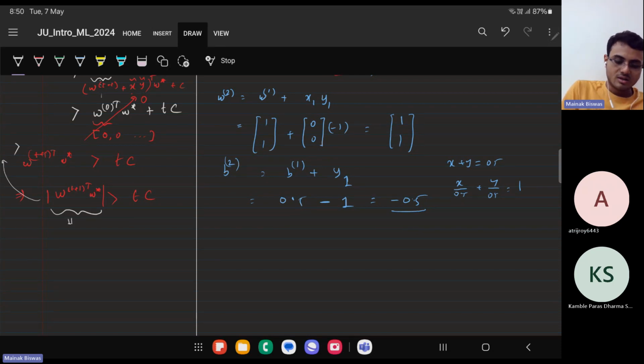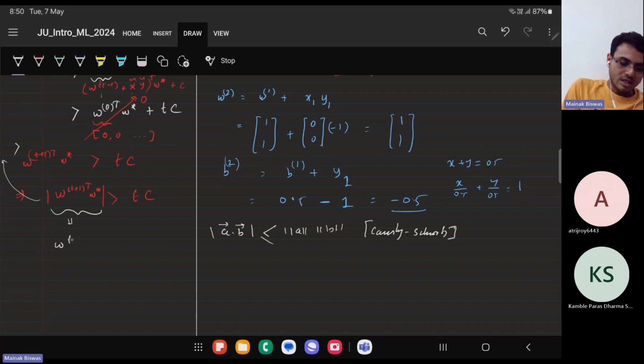I can use the rule that A dot B mod is equal to the norm of A into norm of B into cos theta, right? Which means if I remove cos theta, yes or no? The Cauchy-Schwarz inequality. We proved this for a general case also.